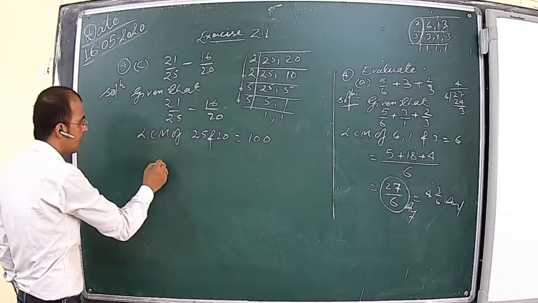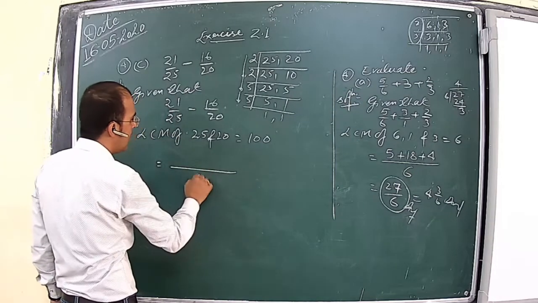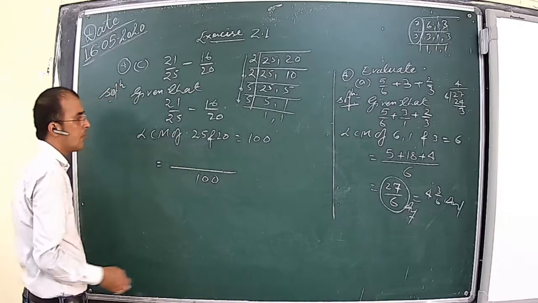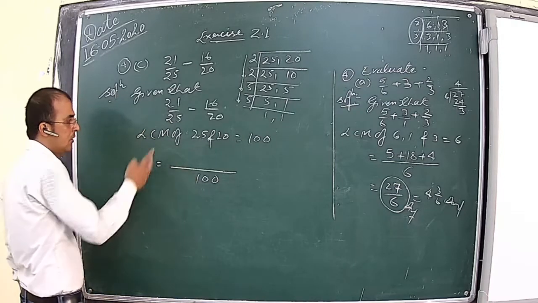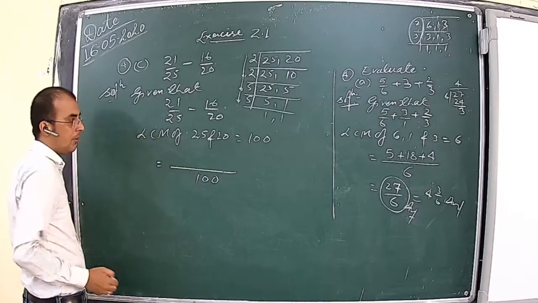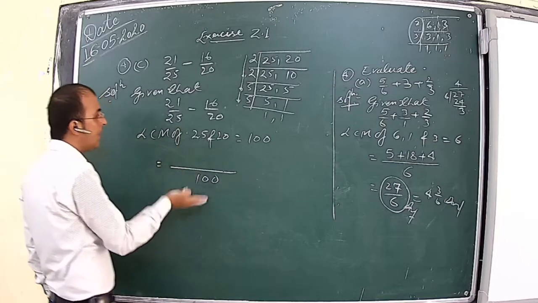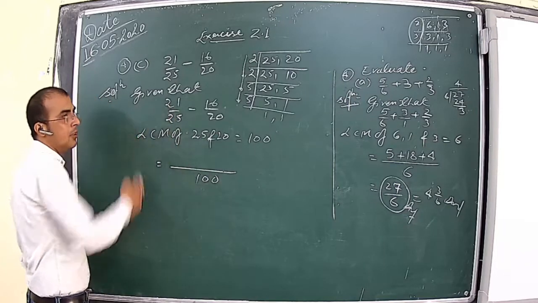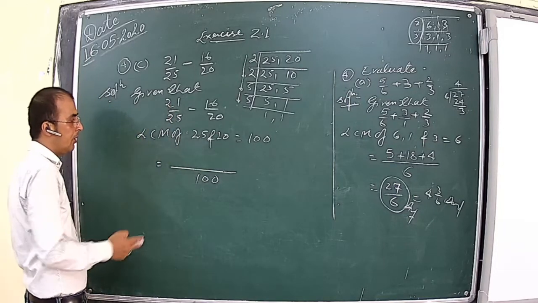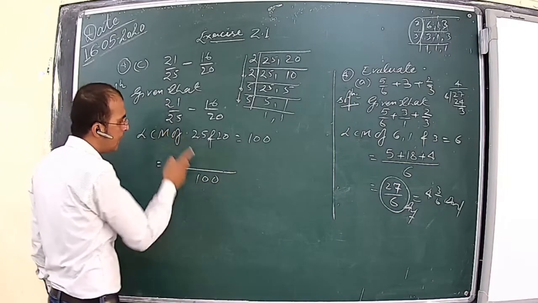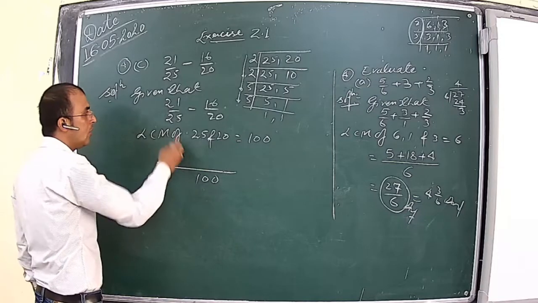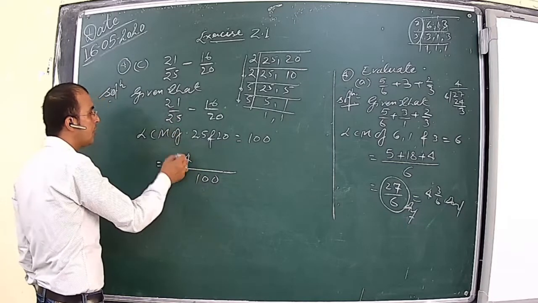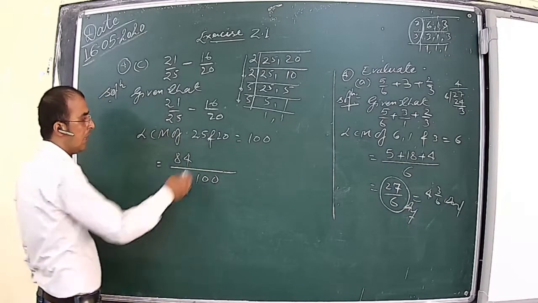Now we can solve this question. What is the LCM? 100. How many times will 100 divide by 25? 4 times, and 4 will multiply with 21. 25 times 4 is 100, and 4 times 21 is 84, minus.